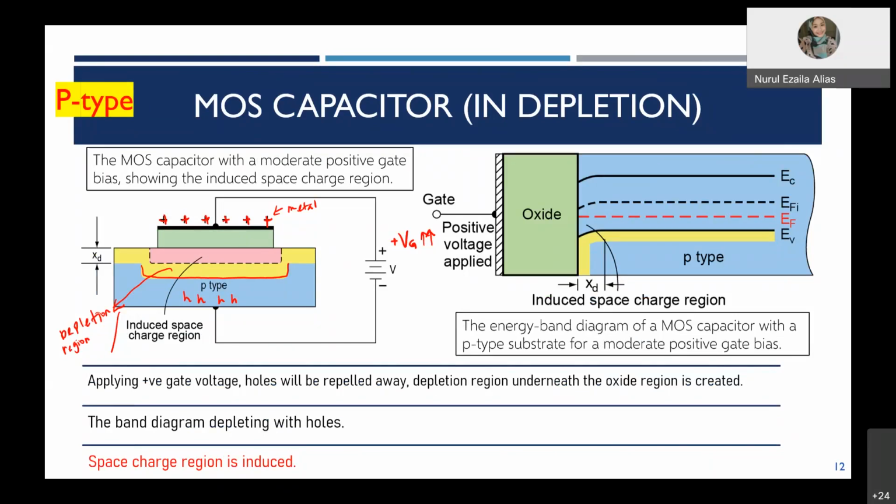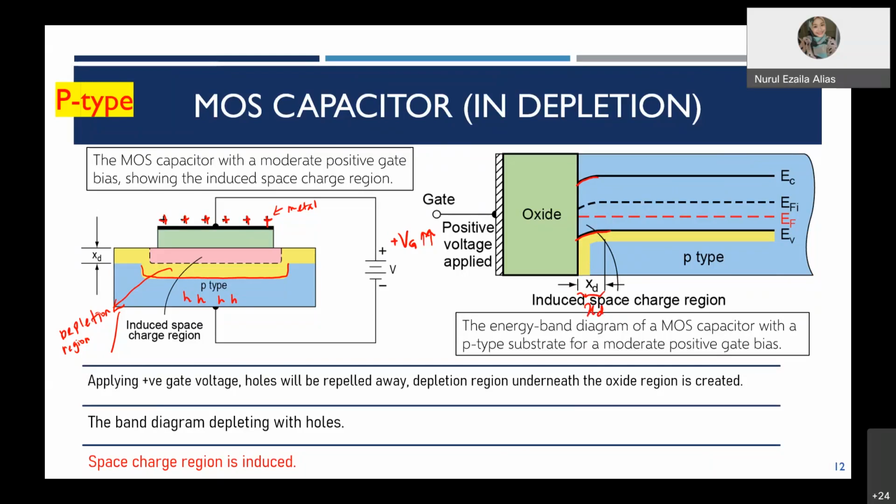In this case, there will be a slight bending over here at the holes. However, this is a very small bending, and it will create an induced space charge region. The notation is XD. Some books use W and some books use XD. So this XD represents the induced space charge region.